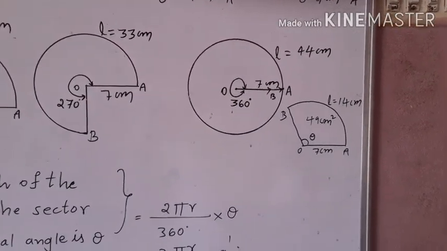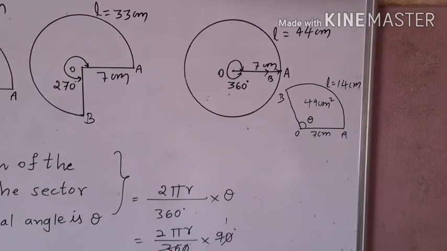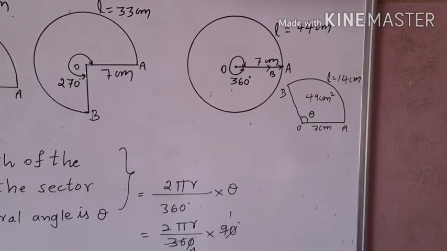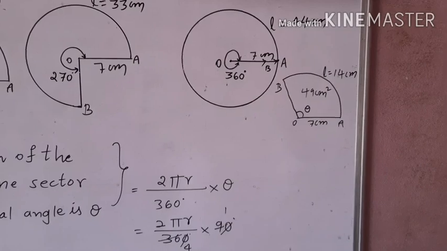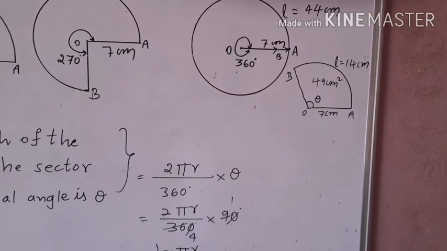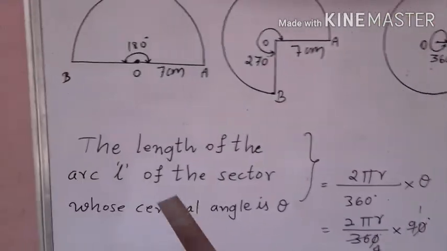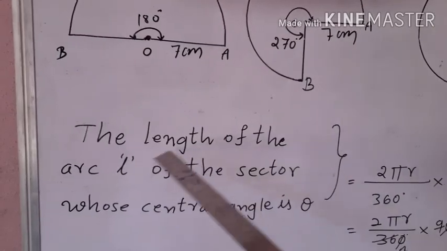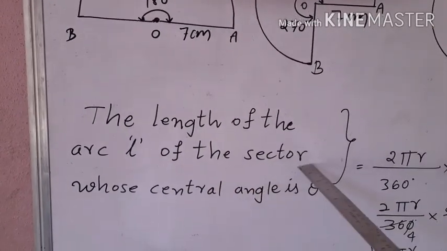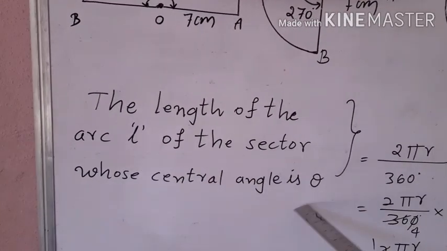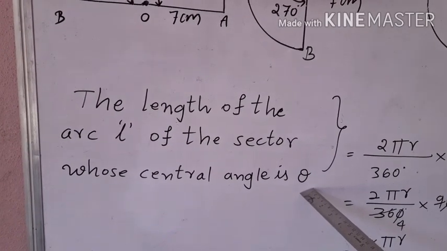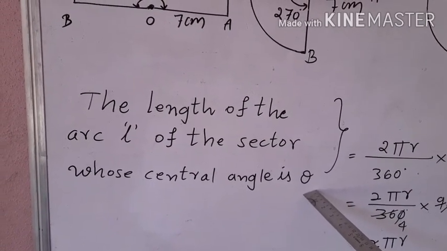Okay. That is, we need to find length of the arc whose central angle and radius are given. Okay. See here, for example, the length of the arc L of the sector whose central angle is theta and radius r. Okay.